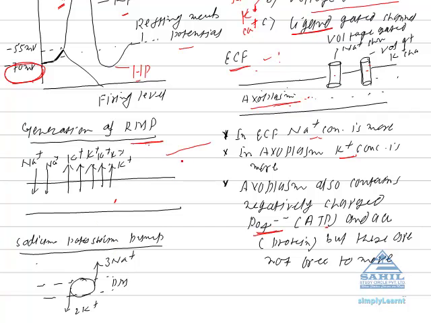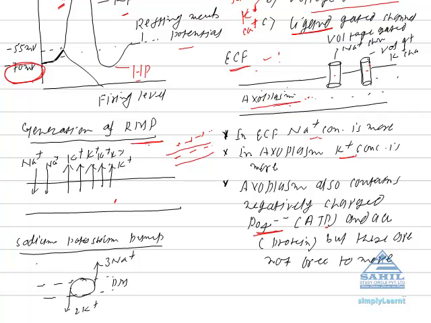So due to accumulation of positively charged ions outside, the inside of the membrane becomes electronegative. The potential difference inside at a certain stage becomes minus 70 millivolt. When it is achieved, this is called the resting membrane potential.